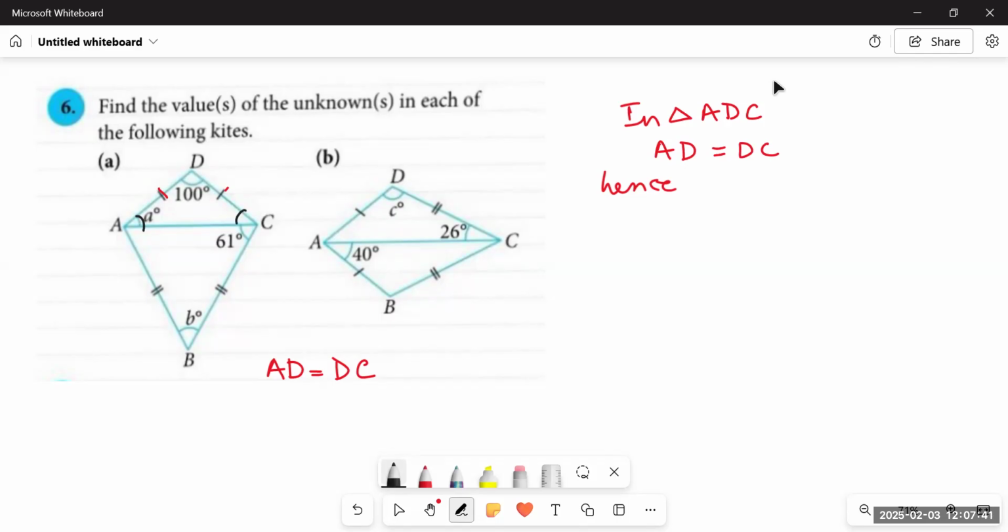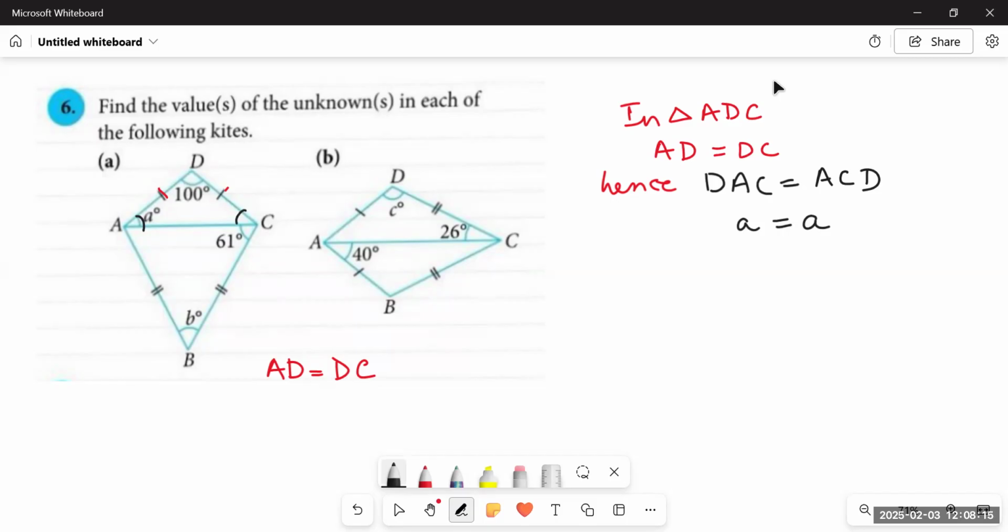We can write it over here as angle DAC is equal to angle ACD. And this angle DAC has been marked as angle A. So ACD would also be angle A. Both angles would be equal to each other. So if we have to find out two of the angles in an isosceles triangle, we have already learned in detail what we do if one of the angles is given which is not equal to any of the other two angles.